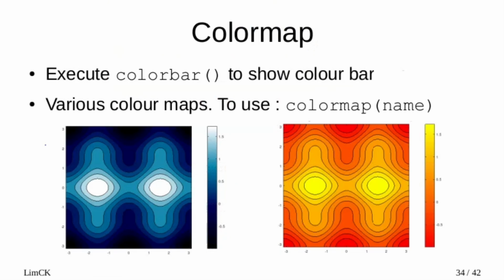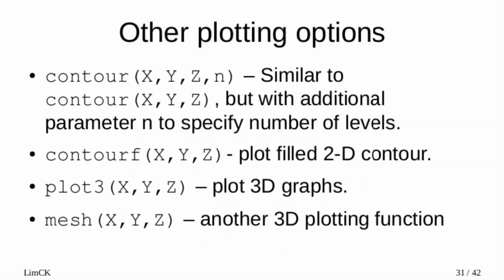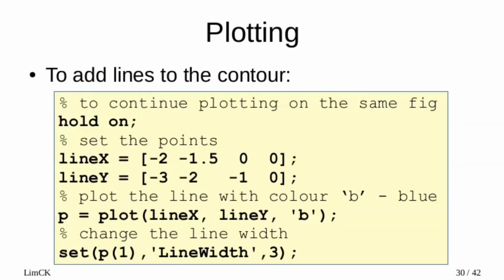One more thing. Just in case we want to plot some more information on the contour or any graph we have, we can do this. First we must have hold on. The hold on keyword means that we will keep the current contour or whatever we have, and continue plotting from there.